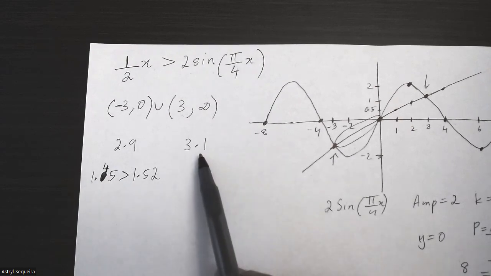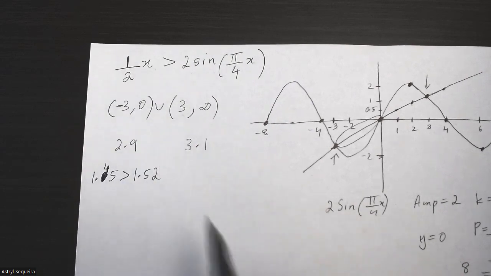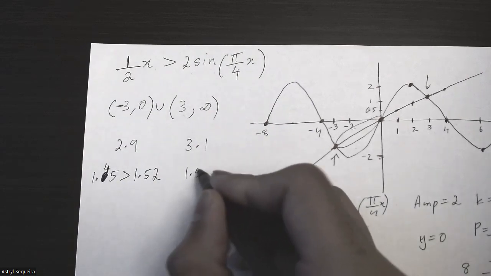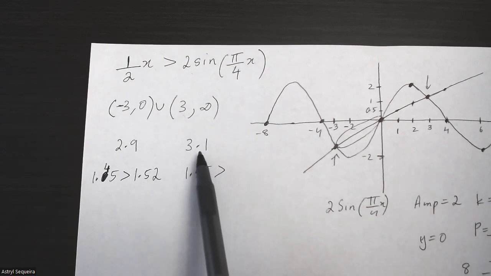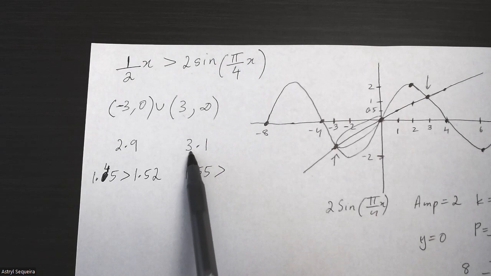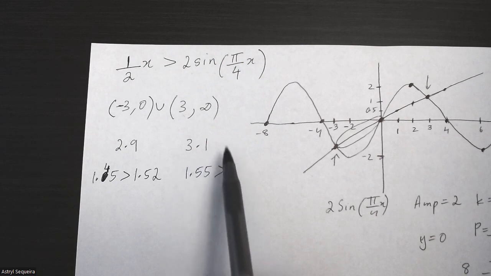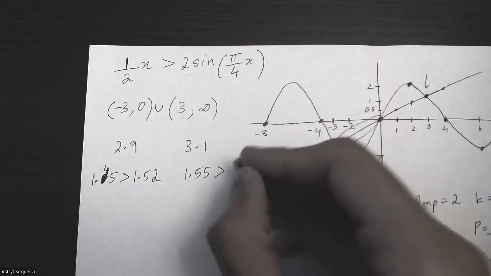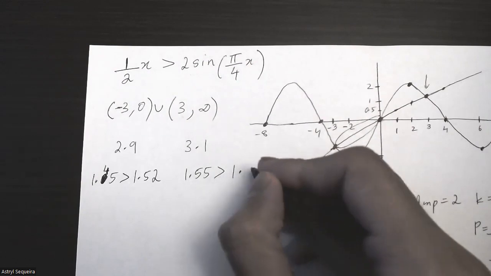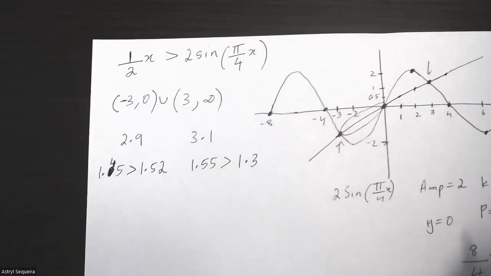Let me test 3.1 and see what happens. If I put 3.1 in this equation, I'll get 1.55. And if I put 3.1 in the second equation, I will get 1.3 basically.